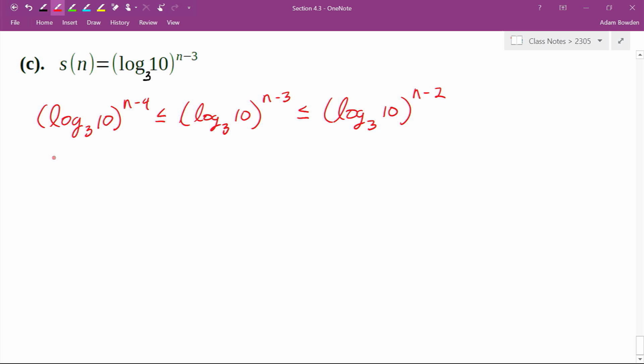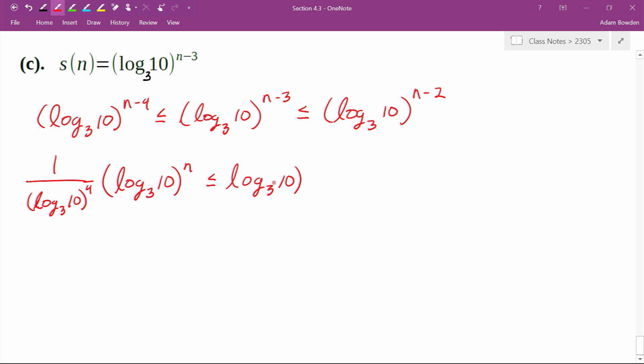And I'm going to use properties of exponents to rewrite this as 1 over log base 3 of 10 raised to the 4 power, times log base 3 of 10 raised to the n, less than or equal to log base 3 of 10 raised to the n minus 3, less than or equal to 1 over log base 3 of 10 raised to the second power times log base 3 of 10 raised to the n power.